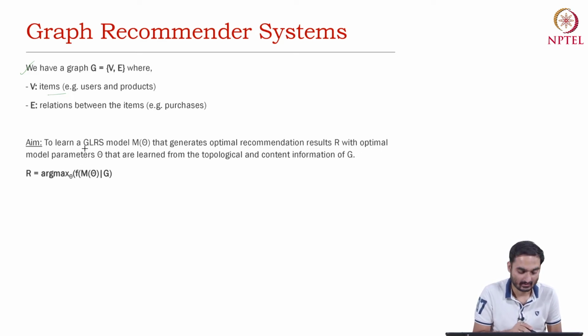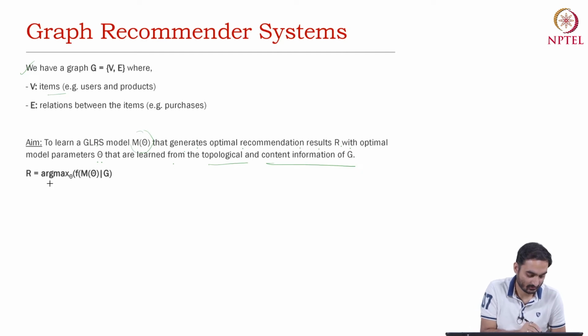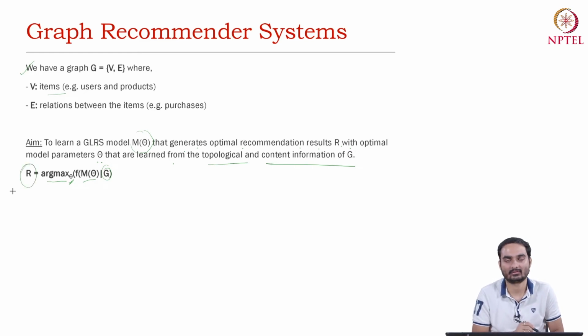The aim is to learn a graph learning for recommendation system model, something like M theta, that generates optimal recommendation results with optimal model parameters theta that are learned from the topological and content information. So, you are essentially coming up with a function which is parameterized by theta, which takes into account the graph structure and user behavior, past history, and it basically returns a rank list of products or items.